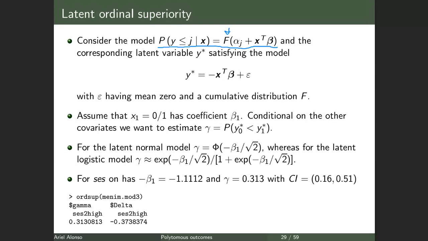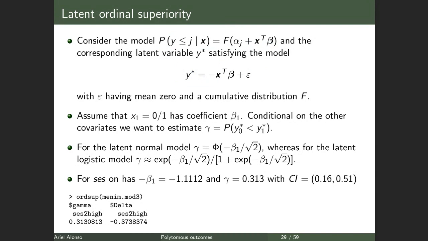And suppose that this model emanates from a latent model. So you're going to consider that your categorical variable here is a categorization of a continuous latent variable. Again, this is a mathematical device. You don't need to assume that, but it is sometimes nice to think about the problem in terms of this latent continuous variable that we categorize.